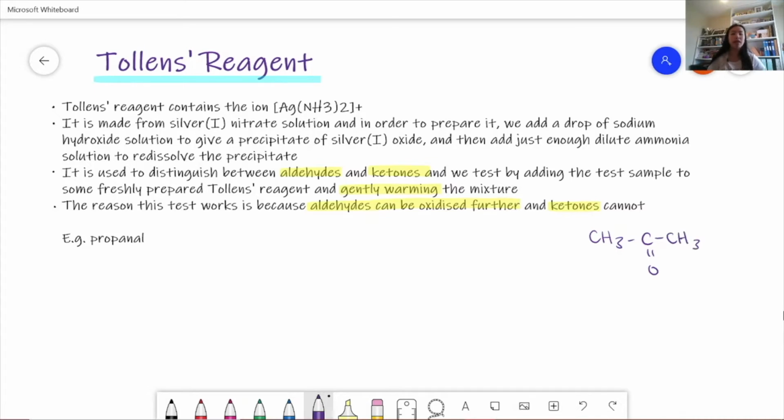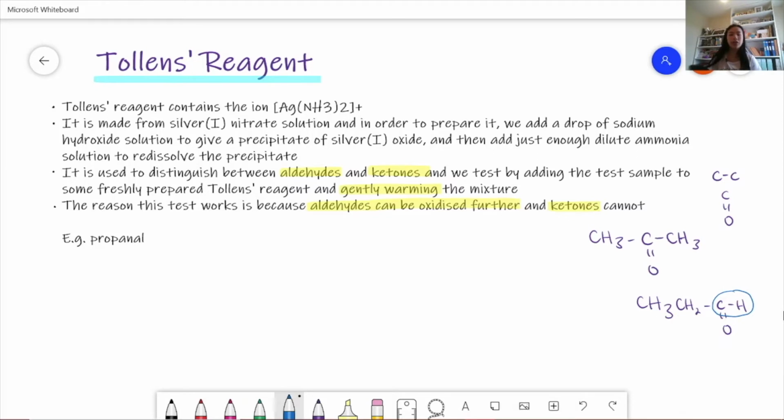The only bonds we're trying to break are the C-C single bonds and this C double bond O, and these take a lot more energy to break compared to the C-H bonds in an aldehyde. When we look at propanal, we have CH3, CH2, and then C double bond OH. This C-H bond here is much easier to break compared to the carbon-carbon single bonds and the carbon double bonded with the O.